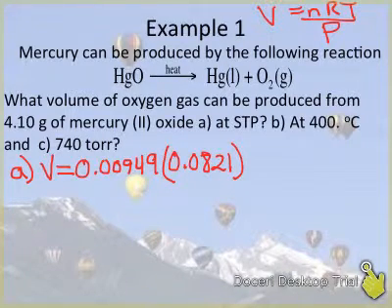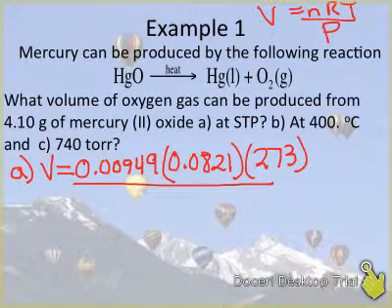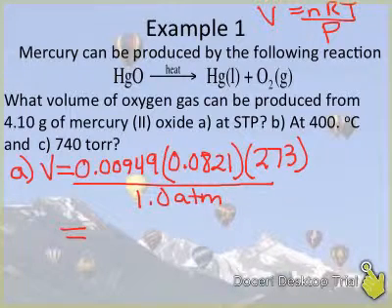Okay, and that is in liters, atmospheres over moles times Kelvin. So as long as we are always in those units, which, like I said yesterday, kind of becomes a habit after a while, we will not mess up our R. Then we need a temperature. Standard temperature is 0 degrees Celsius, 273 Kelvin. And then we're going to divide by our pressure, which is 1, which is why I wanted to rearrange the equation. So now we just have to put the top part of this in our calculator.